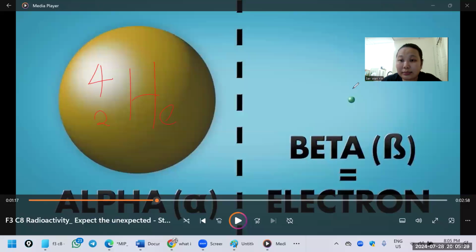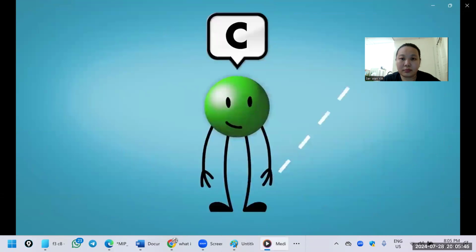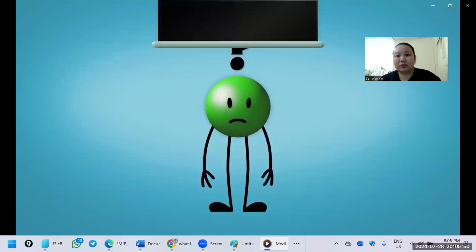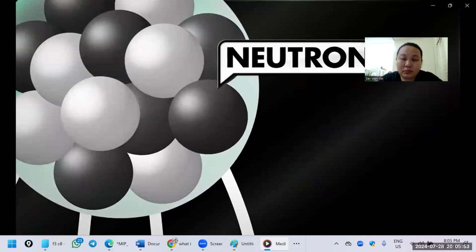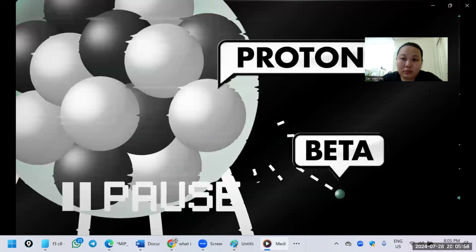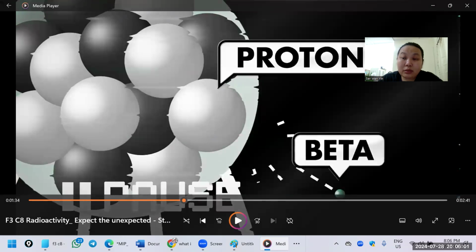Beta is an electron, much smaller. So emitting alpha is alpha decay, and emitting beta is beta decay. This is the change of carbon to nitrogen.